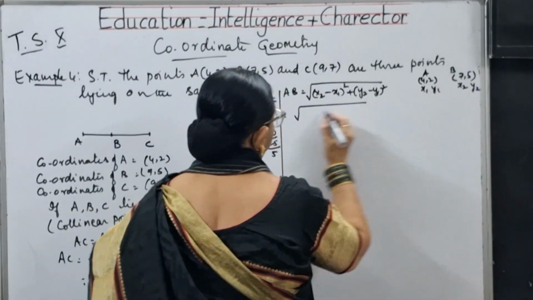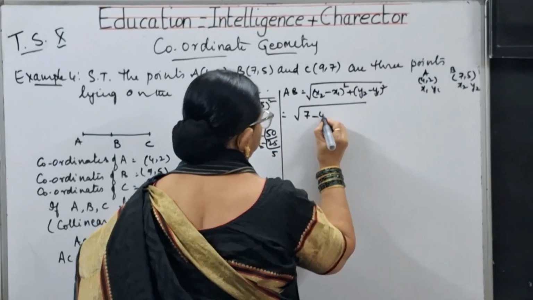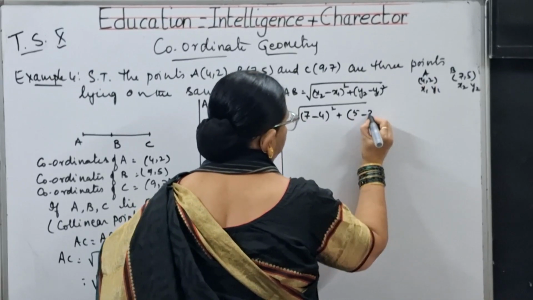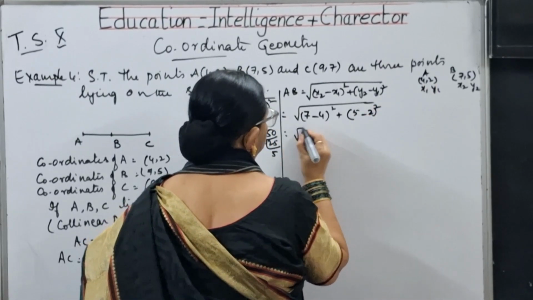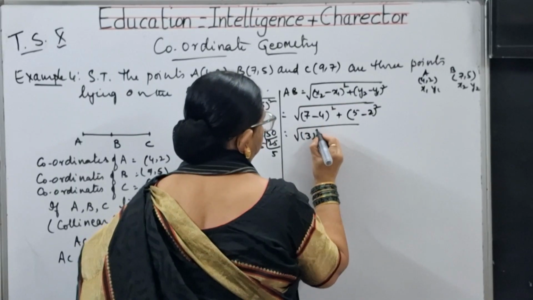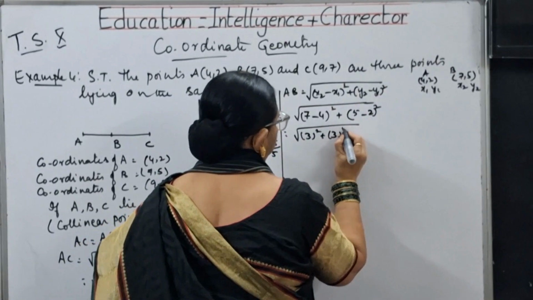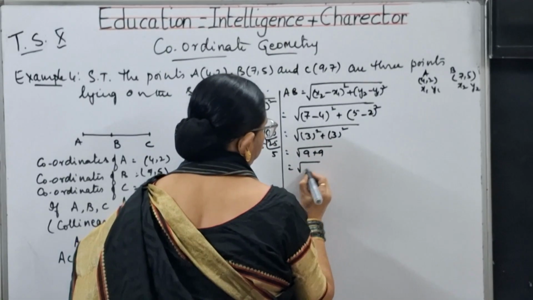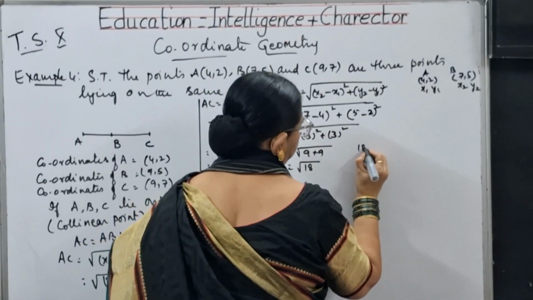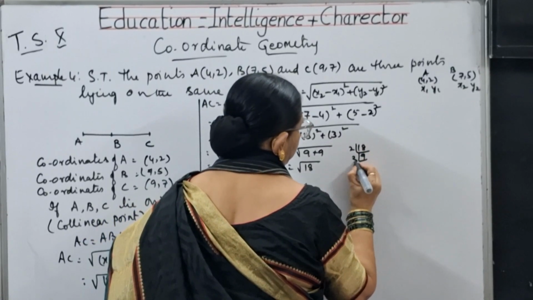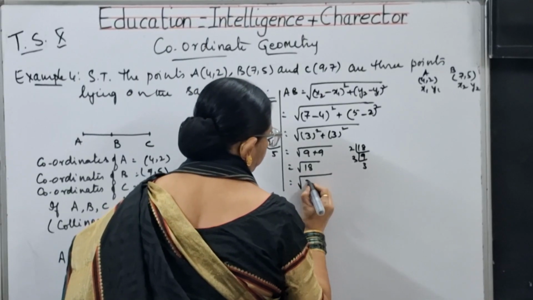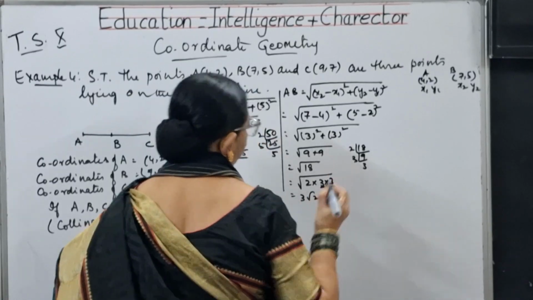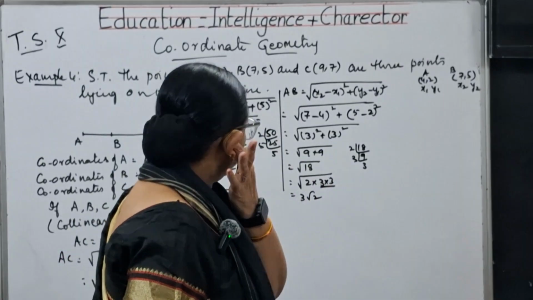Root of (7 minus 4, 3) square plus (5 minus 2, 3) square. That is root of 9 plus 9, root of 18. 18 means 2 into 3 into 3, so root of 2 into 3 into 3. Two 3s, one 3 comes out, 3 root 2. You are getting the distance of AB.